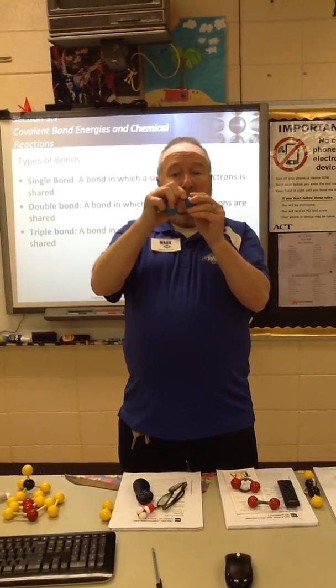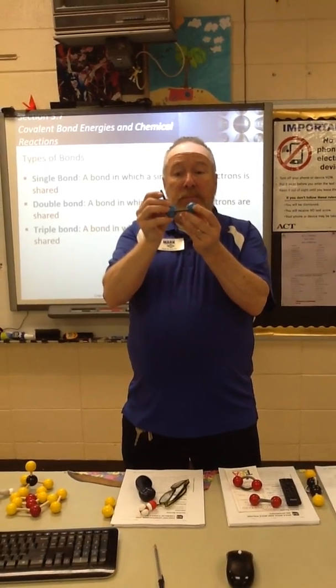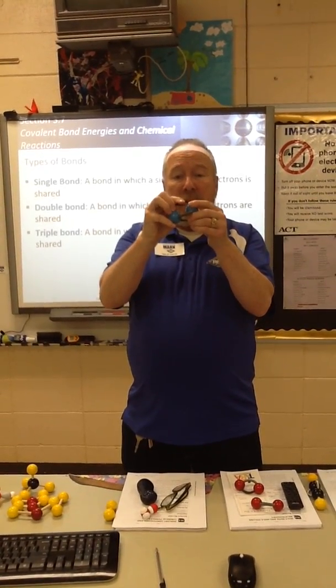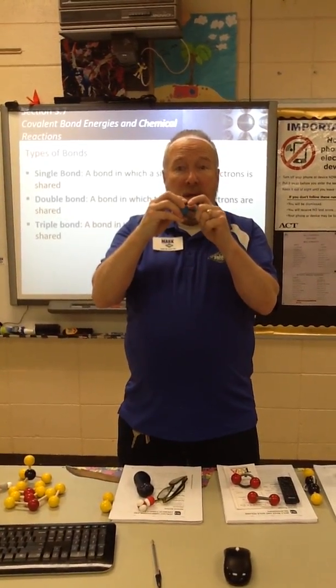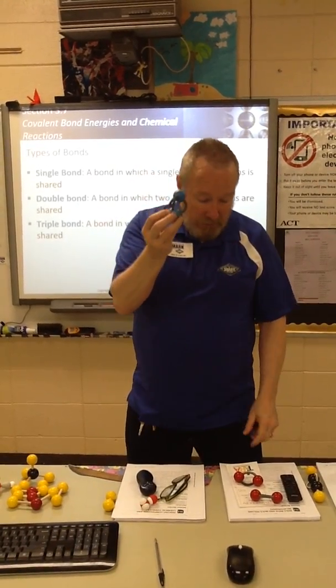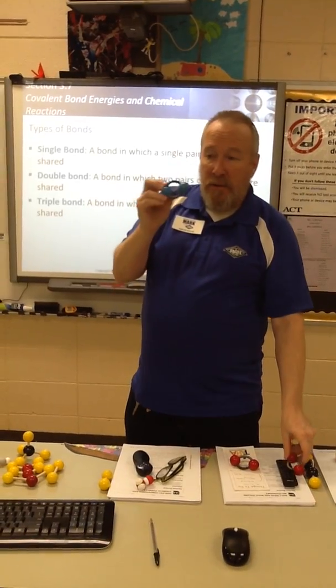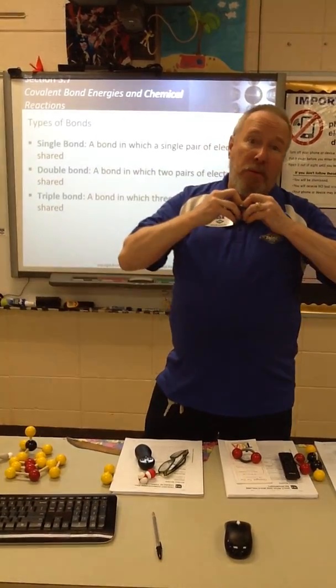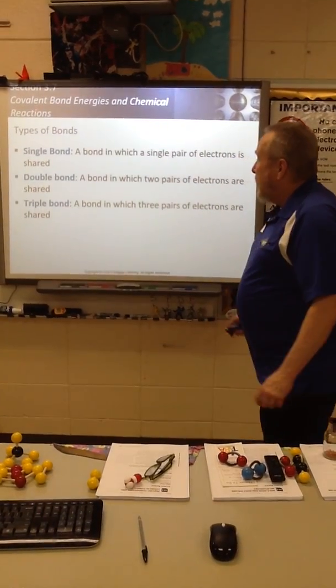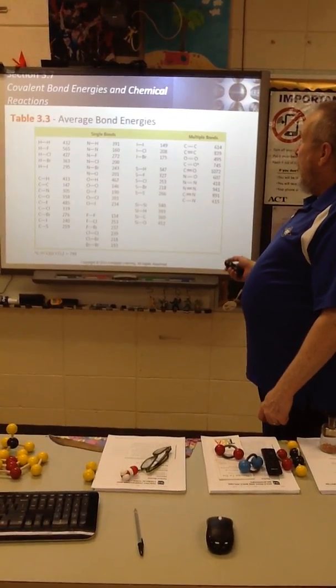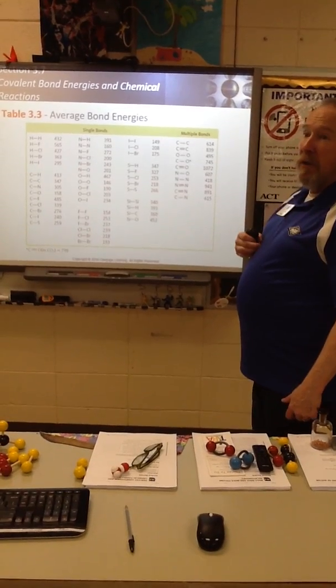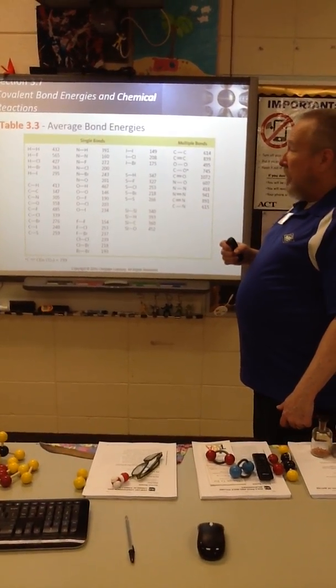Add a second bond, it grows shorter, but what happens when I add the third bond? It grows even shorter. This molecule is much shorter than my double bonded oxygen, and it's held together much more strongly. So higher energy in a triple bond and shorter distances.